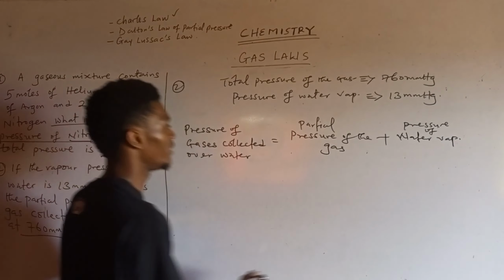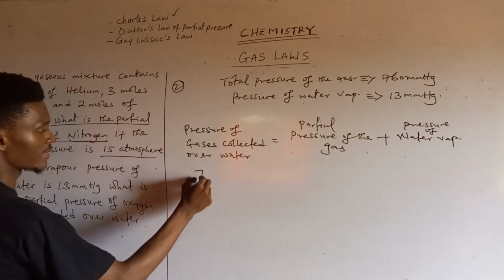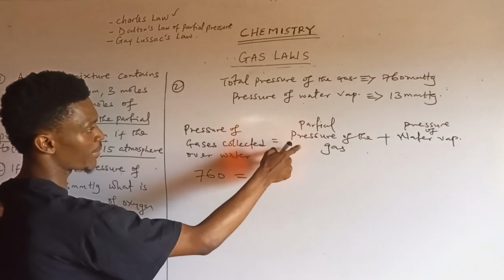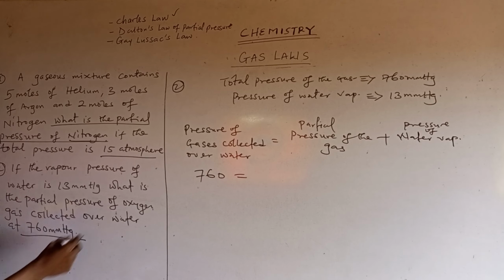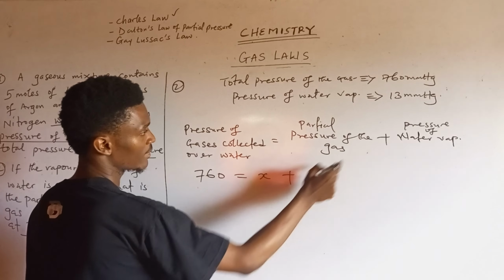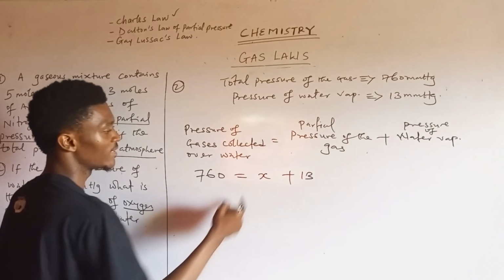All right. So in this case, we are given the total pressure of the gas to be what? 760 millimeters mercury. So the partial pressure of the particular gas we are interested in, which is oxygen, will be X, plus the pressure of water vapor, which is 13. So you can easily get it.